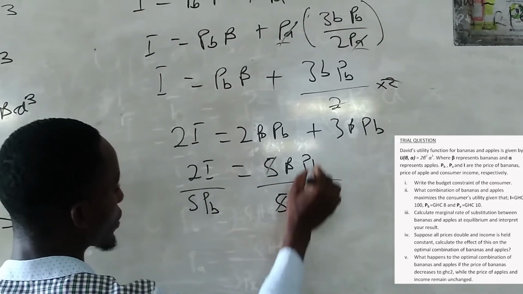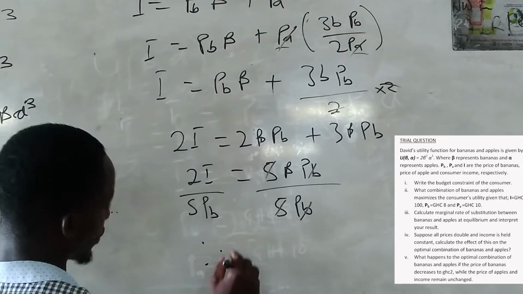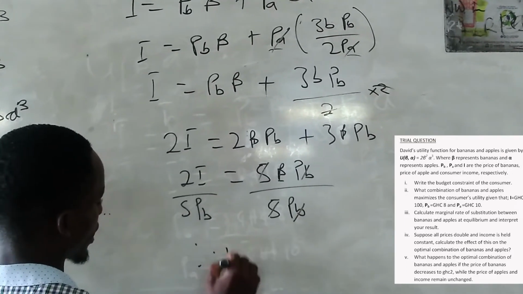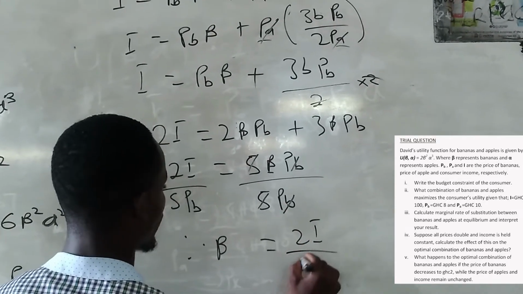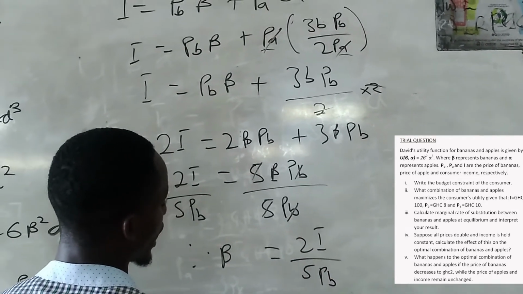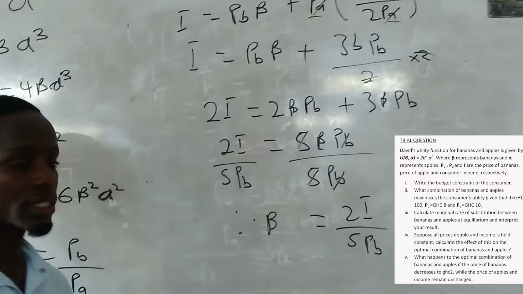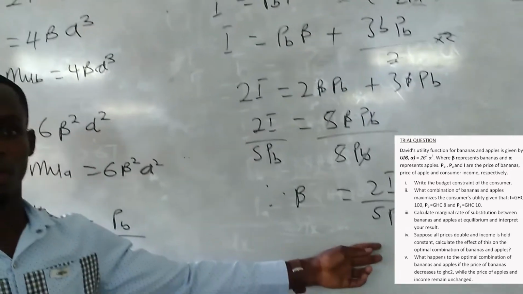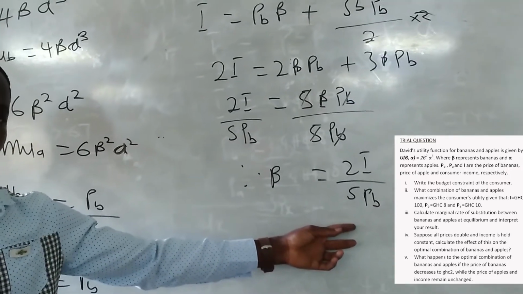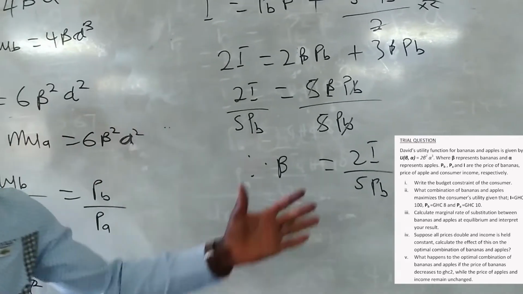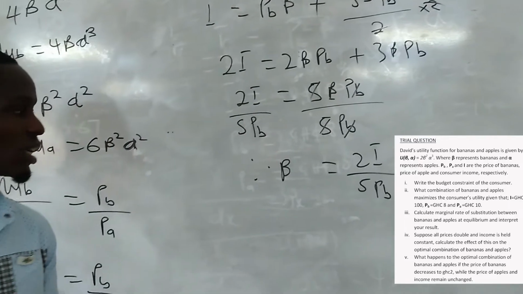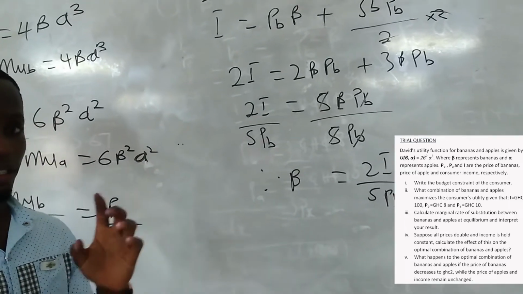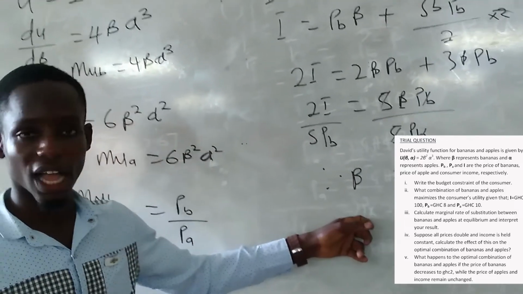I multiply by 2. And then I'll have 2 income equals 2 beta price of beta plus, here if you multiply it will cancel. Since it's cancelling there's nothing left. What is left is that we have 3 beta price of beta.